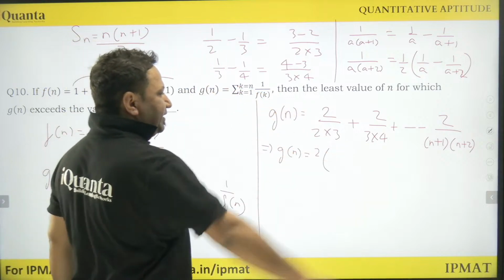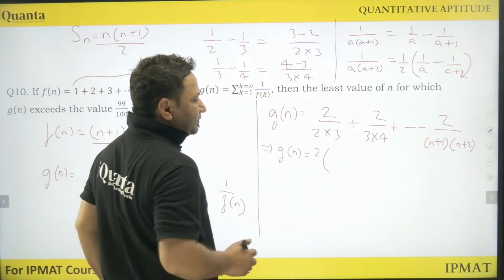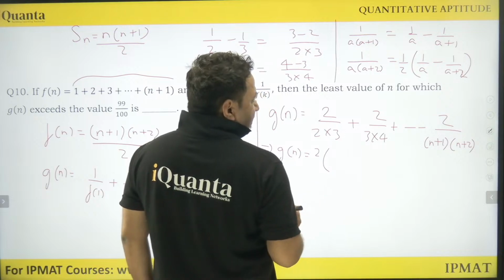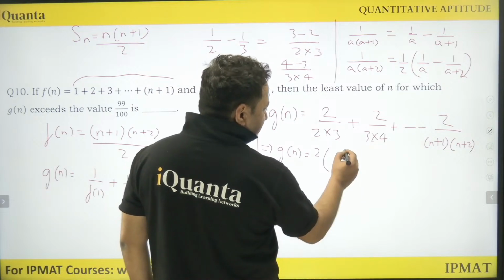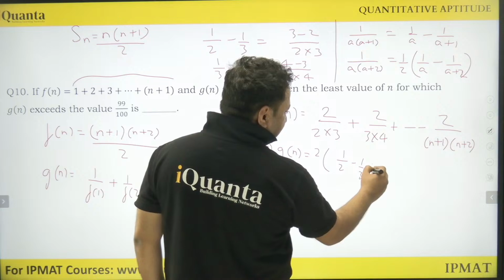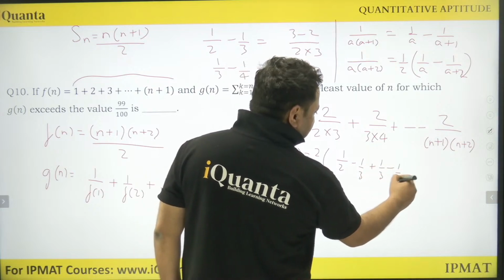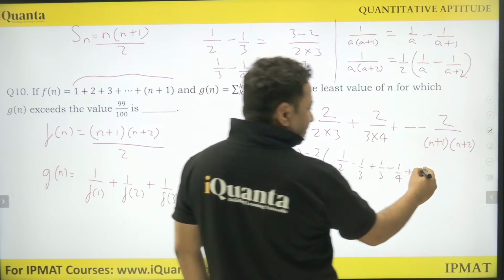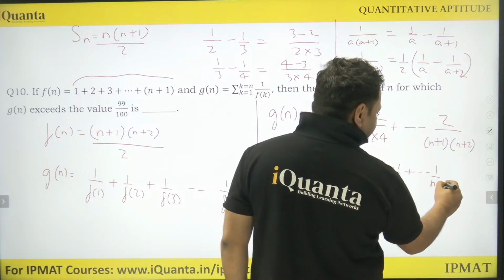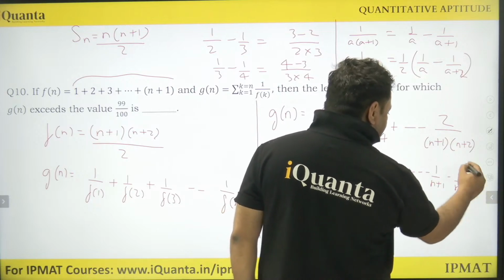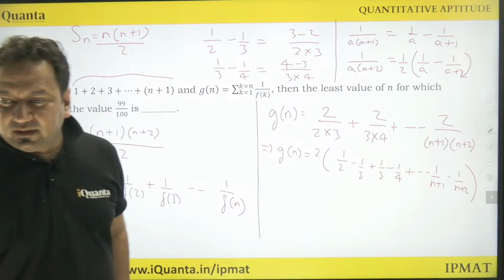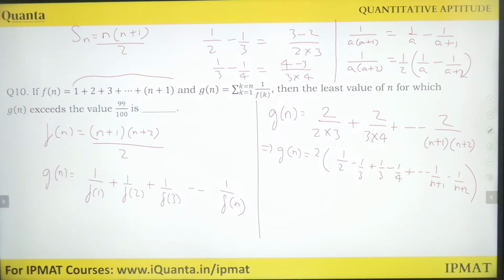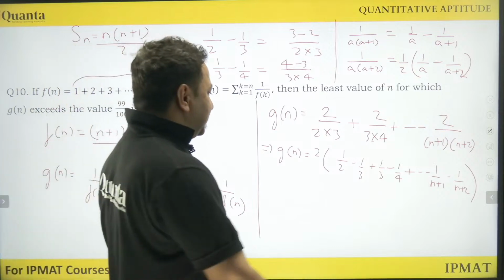Now this can be written as, I take 2 common. What do I have? 1 by 2 minus 1 by 3 plus 1 by 3 minus 1 by 4 plus 1 by 4 minus 1 by 5, so on. In the end, we have 1 by n plus 1 minus 1 by n plus 2 and the bracket closed. The best thing about this huge series is that the adjacent terms are getting cancelled.